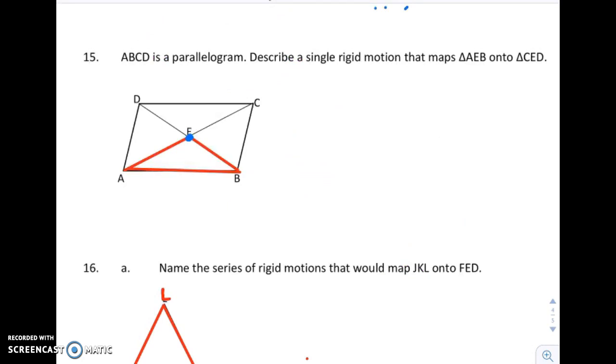You're taking triangle AEB and you're trying to map it onto triangle CED. So you're going to tell me you're going to rotate what about what such that what maps onto what.